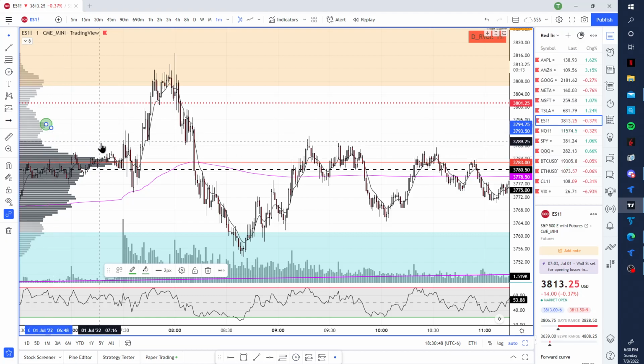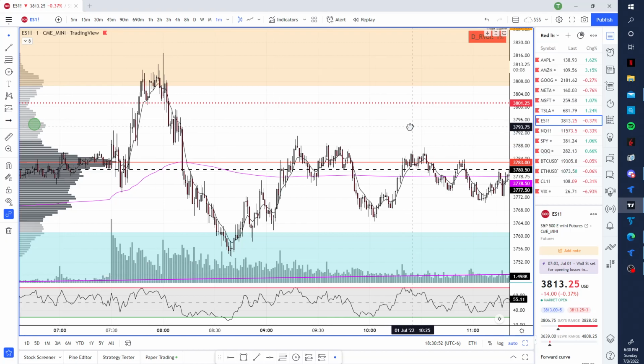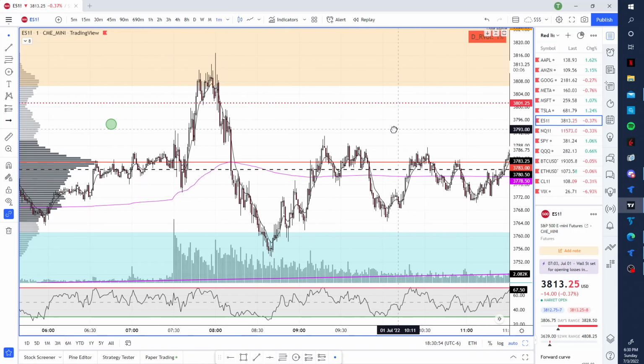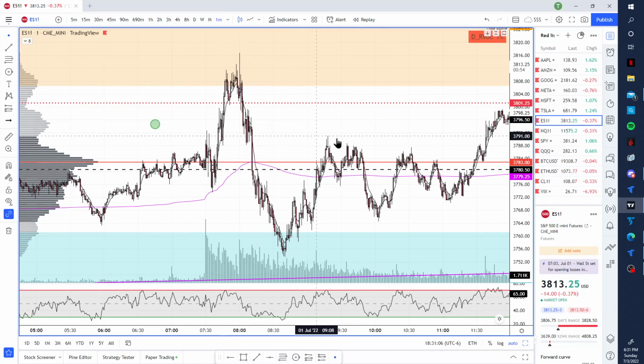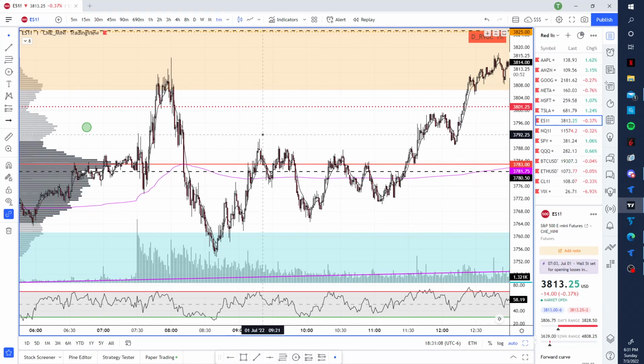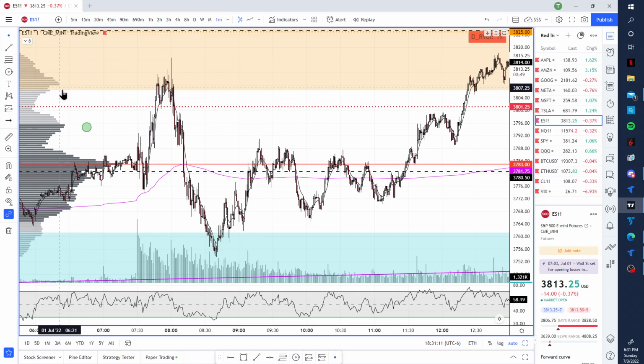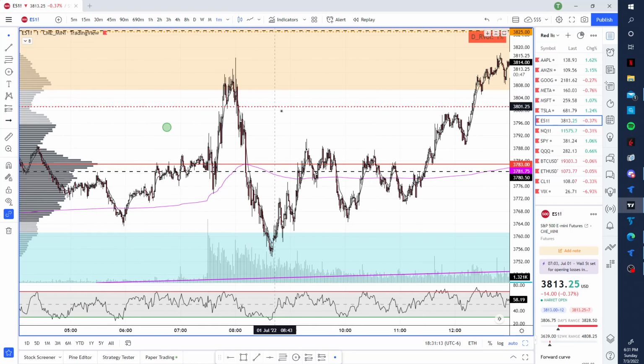I would be thinking, if we get above this area, we're probably going to come up and hit here, and then you end up going up there. Then the volume spike gets larger up here because that's the next zone. And if you hold above that, then the next one's up here, and we hit that as well, and then the volume just grows up there.